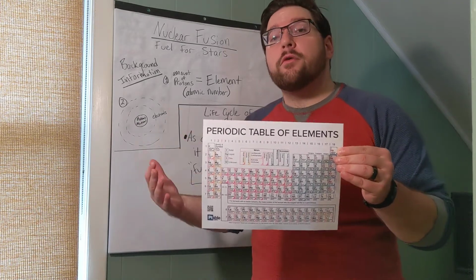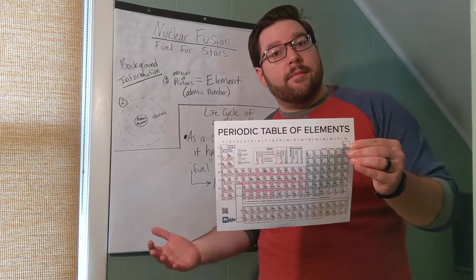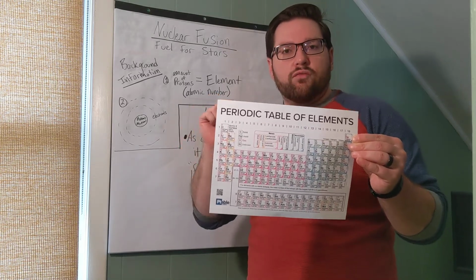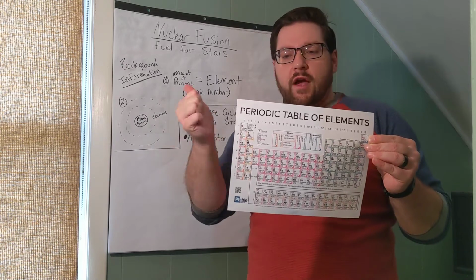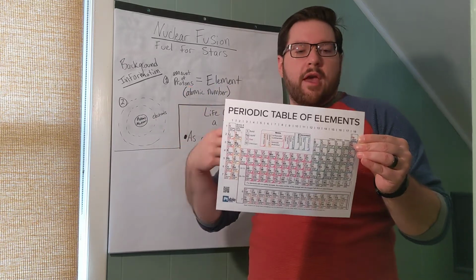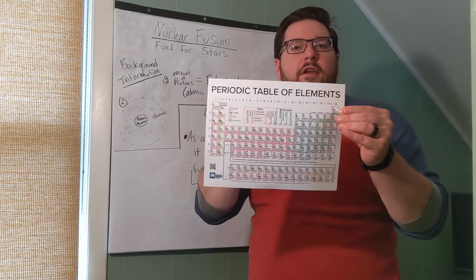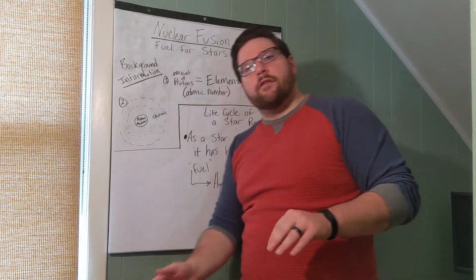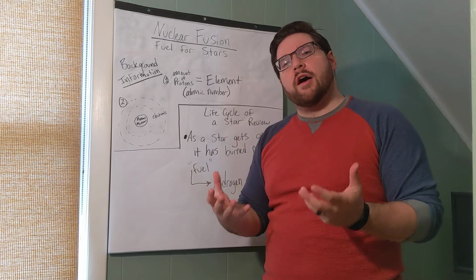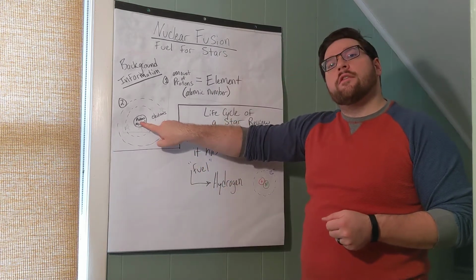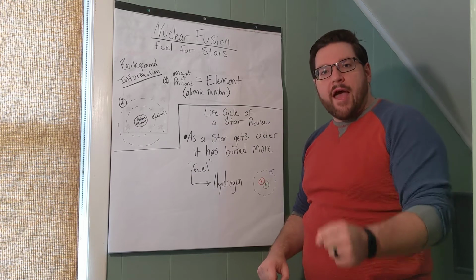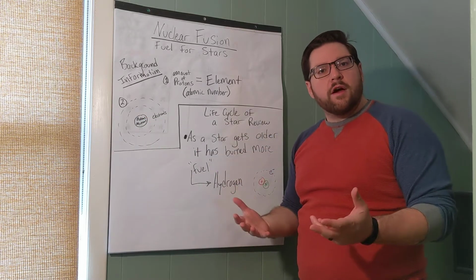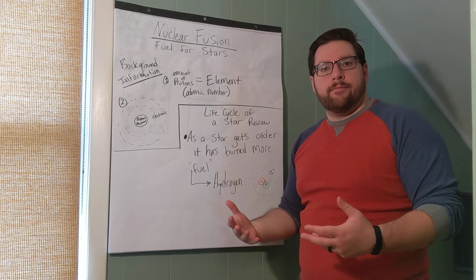If you have 3 protons, you're not helium, you're lithium. In order to be an element, you need the correct number of protons. Hydrogen's got 1, helium's got 2, carbon's got 6, and so on. So when you change the number of protons inside that nucleus, you are changing the atom. As the nucleus gets bigger with protons, you're going to have a different element.